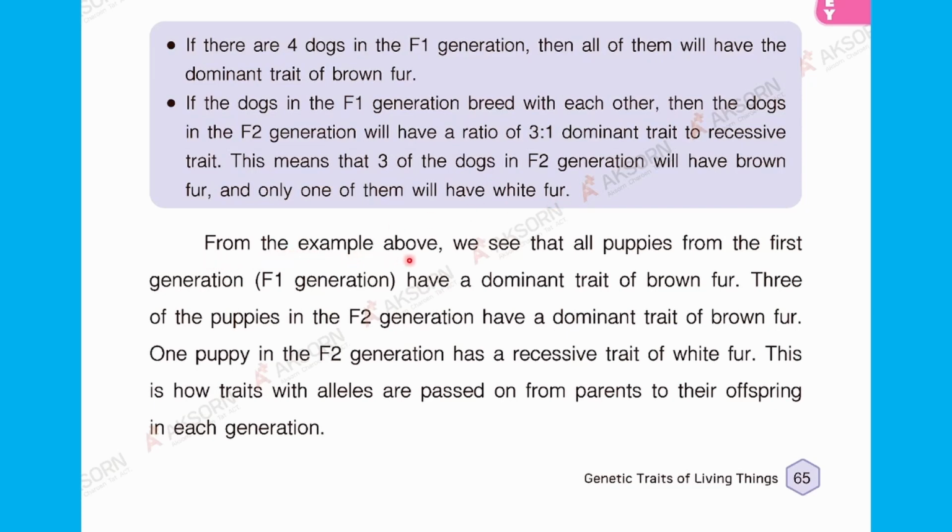From the example above, we see that all puppies from the first generation, F1 generation, have a dominant trait of brown fur. 3 of the puppies in the F2 generation have a dominant trait of brown fur. 1 puppy in the F2 generation has a recessive trait of white fur.